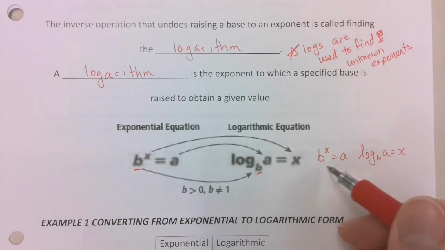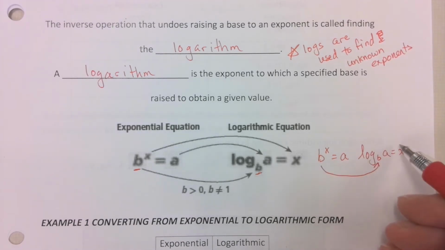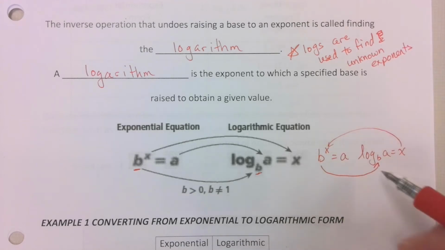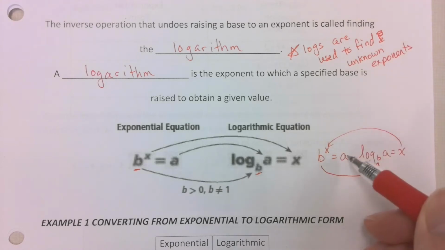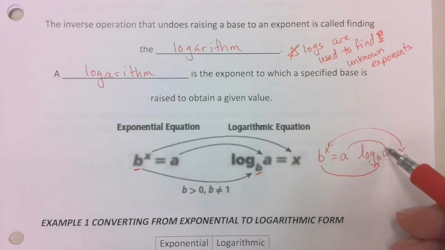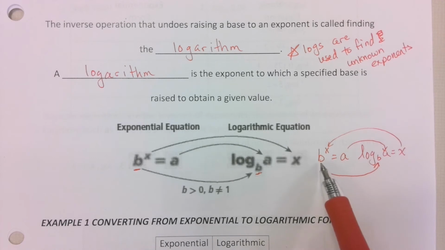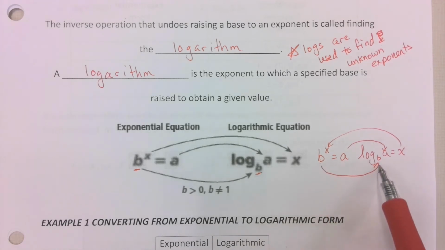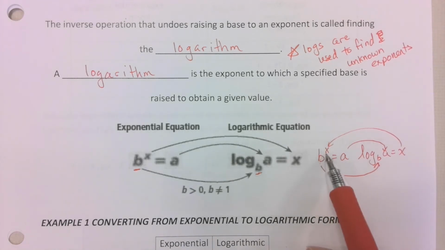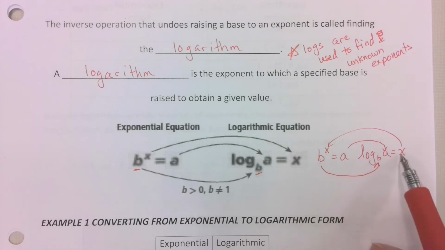Your base becomes your base, and your x comes from up here on your power. So we just bring the base into the base and the power into there, and then the a drops. Again, the base is the base of your power, and the log is equal to x.